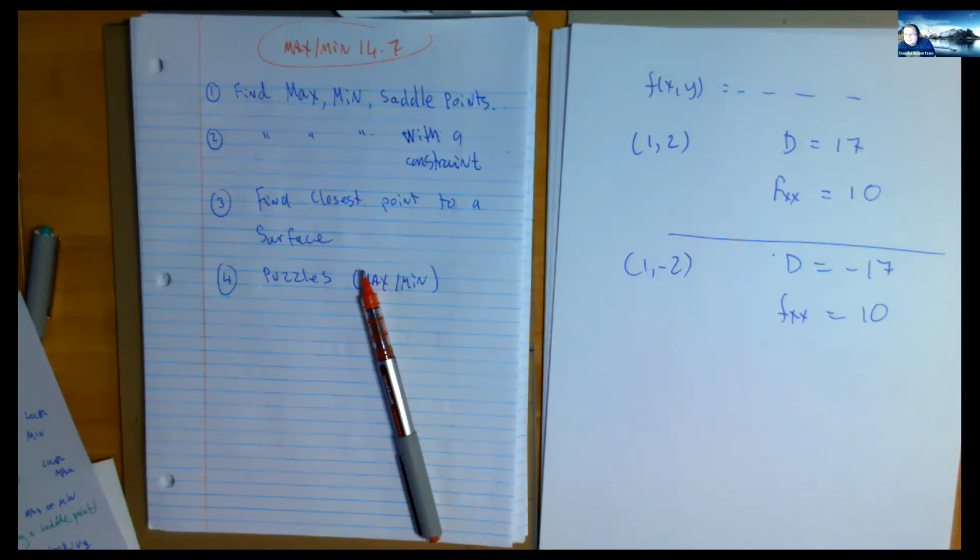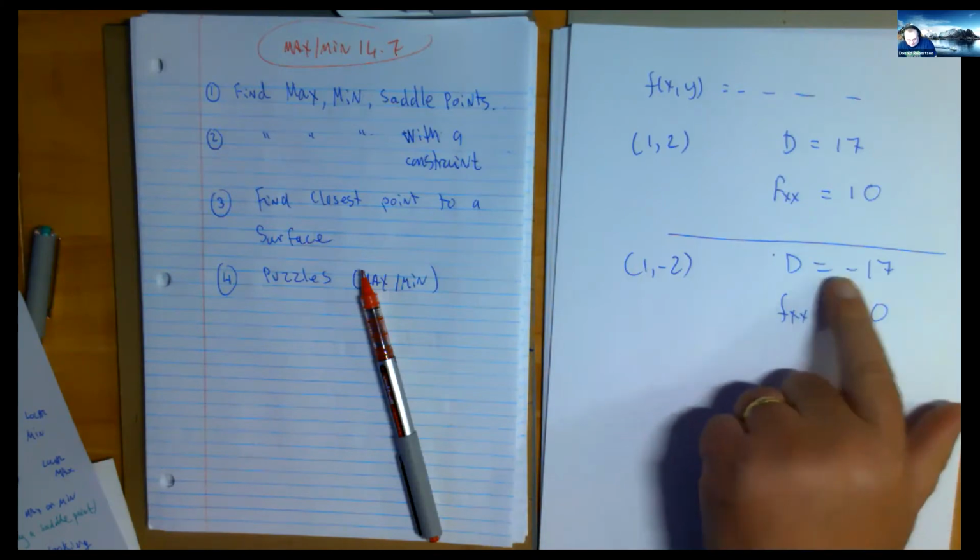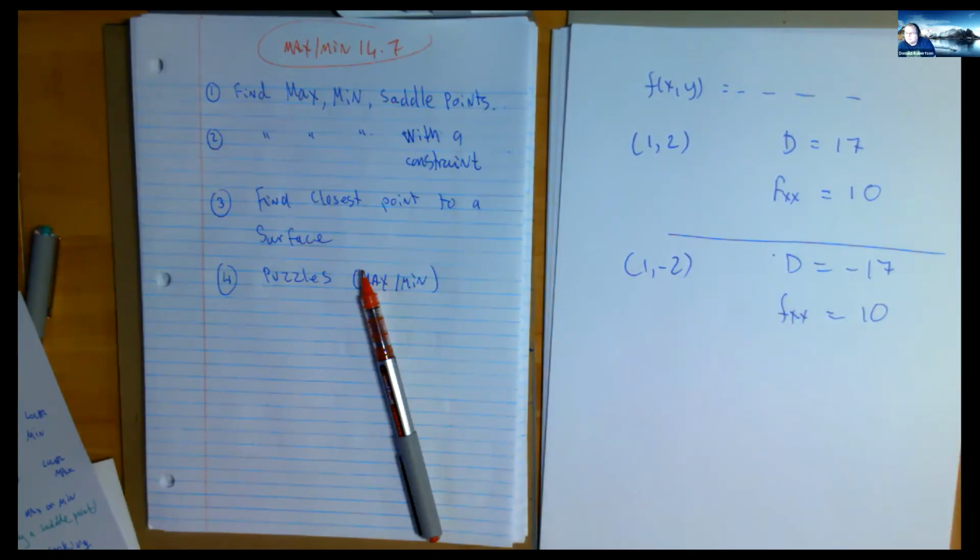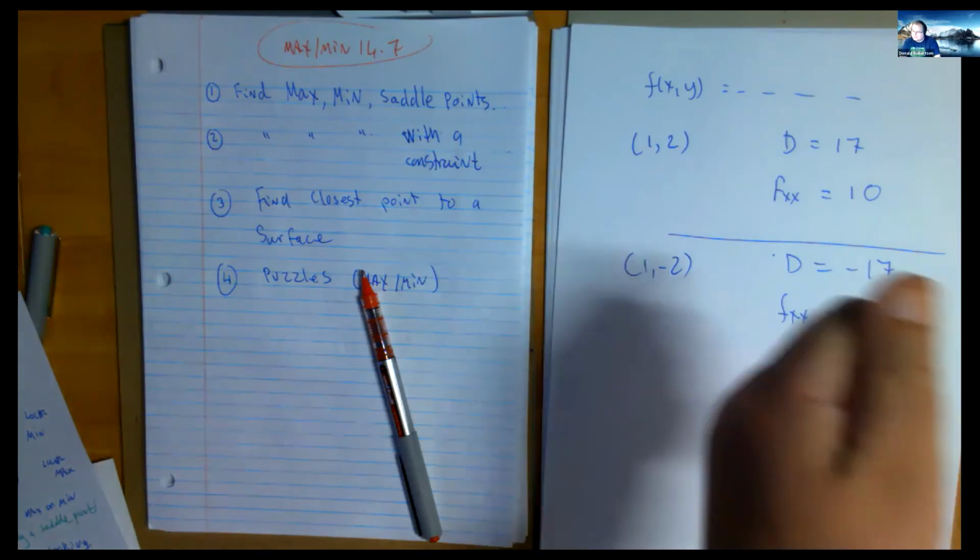See, there's no guarantee that this guarantees a saddle point. 99% of the time, yeah, I'm sure it will be. But there's some weird surfaces out there, especially surfaces that have problems with vertical asymptotes or tears in the surface.